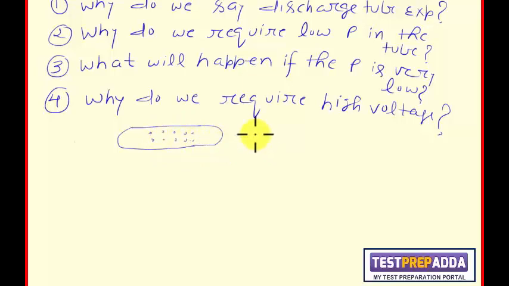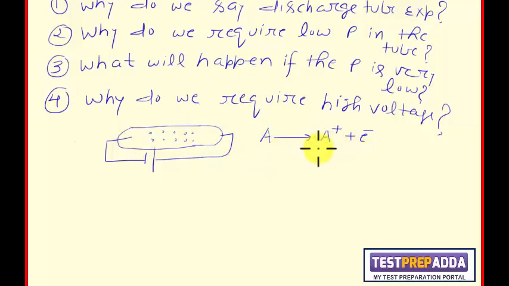For example, if the gas is A, this A will give A plus and e minus. So under the influence of high potential difference, some of the gas will get ionized.